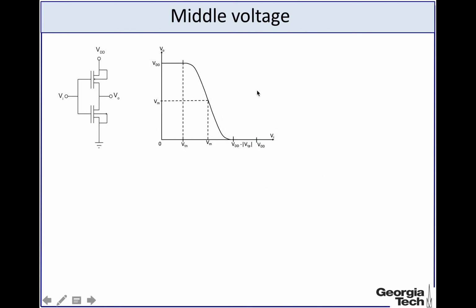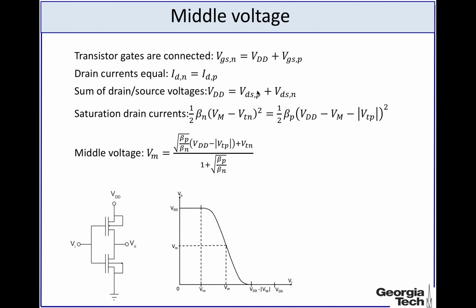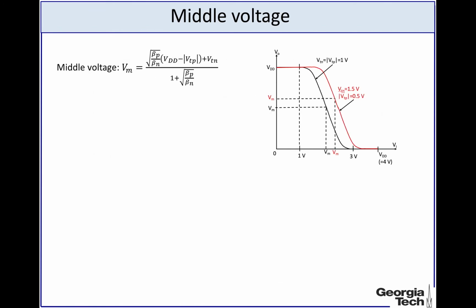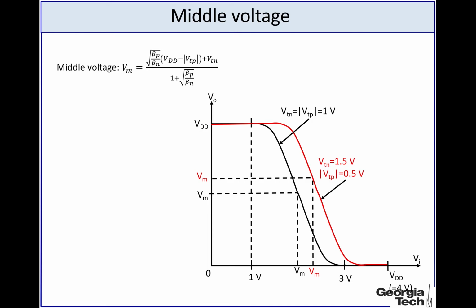And what we have seen in the analysis that we did is that if the threshold voltages are equal, and beta n and beta p are equal, then you would get a middle voltage of VDD over 2, and in that case the noise margin low will be equal to the noise margin high.